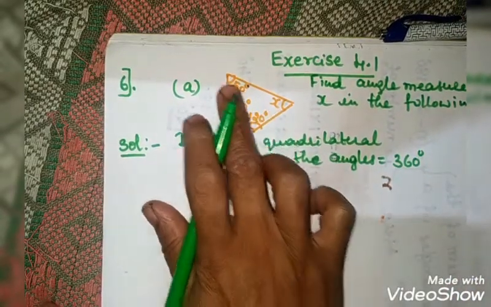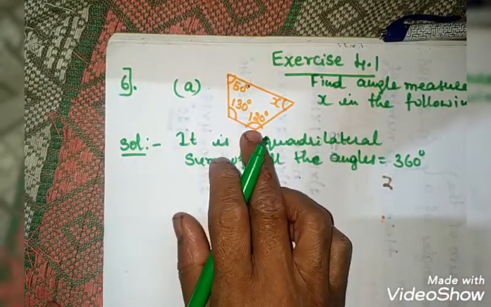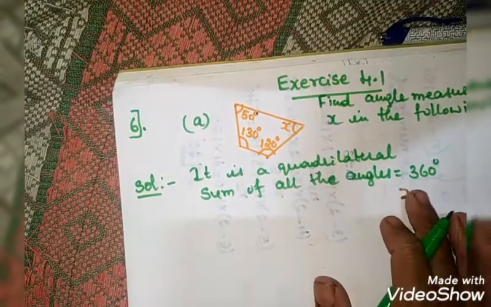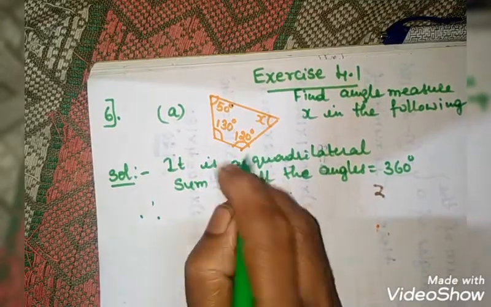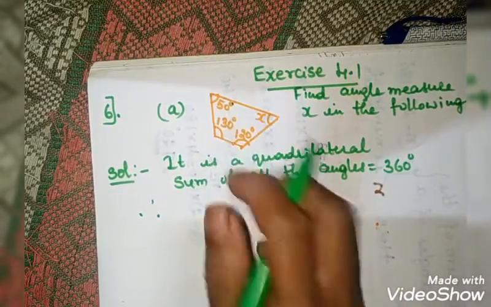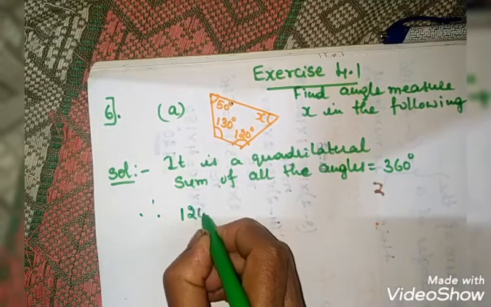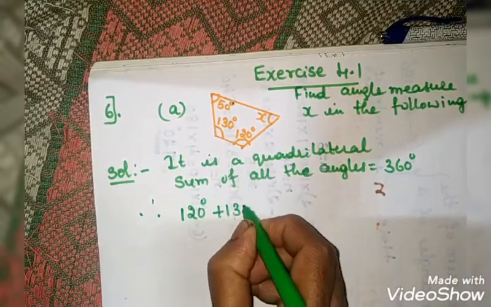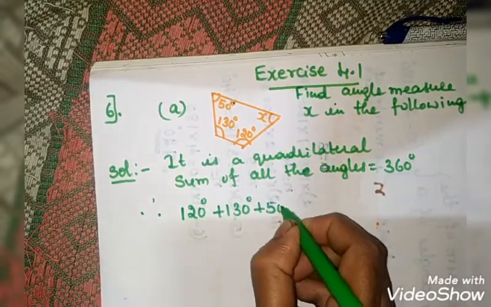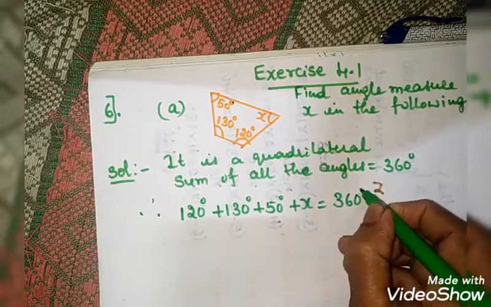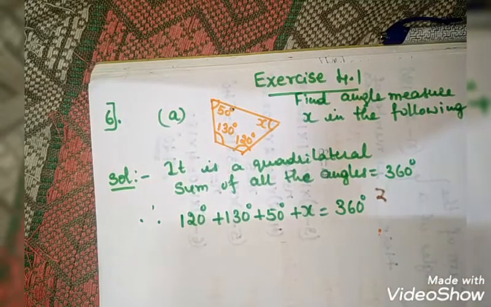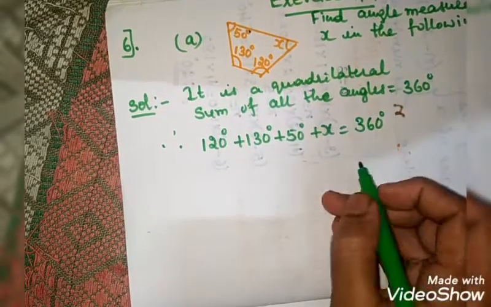Here it is x, 50 degree, 130 degree, 120 degree. But we know the sum of those. So what we can do? Therefore, you sum up all the angles here now. 120 degree plus 130 degree plus 50 degree plus x is equal to 360 degree, because the sum of all the angles of a quadrilateral is equal to 360 degree.